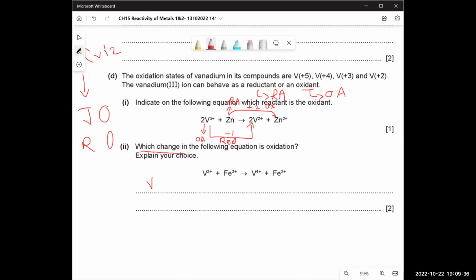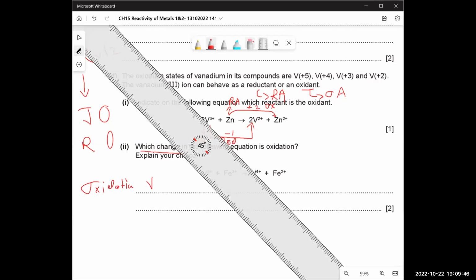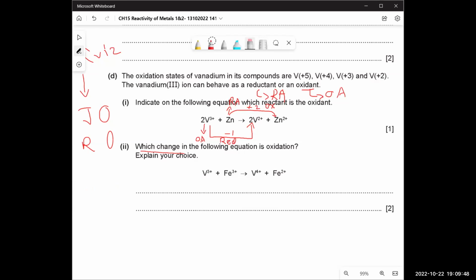In these questions, we answer in this format. I'll take what is oxidation first, from here to here, that's +1. That's your first step in the exam. It should be a habit. Now from here to here, that's -1. So I know what is oxidation and reduction now. So V 3 plus to V 4 plus is oxidation.